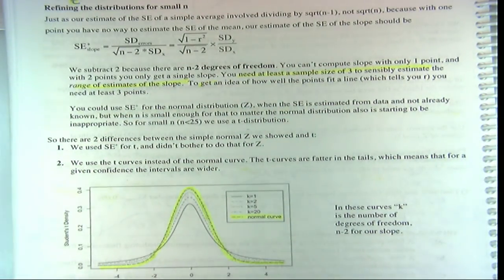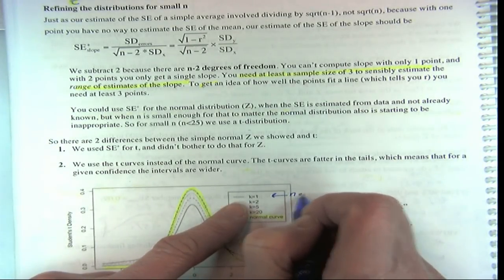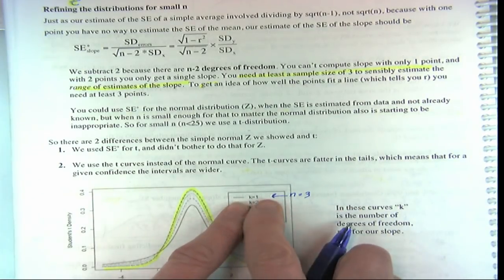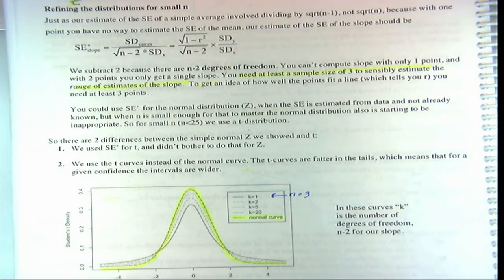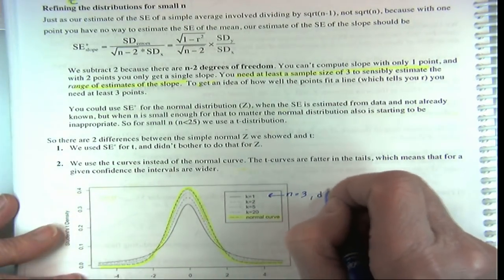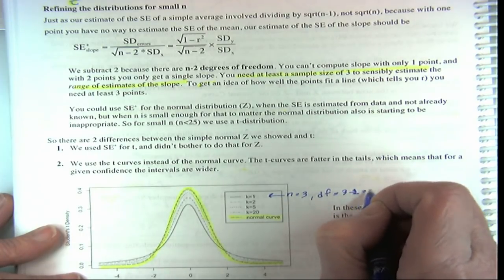And then the t-curves are a series of curves. If you have a tiny little sample, what's the smallest sample size we can have? The smallest sample we can have is n equals 3. Then our degrees of freedom are 1. So this k refers to the degrees of freedom. If you have n equals 3, then our degrees of freedom are equal to n minus 2, which is 1.